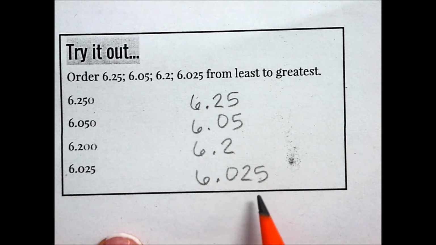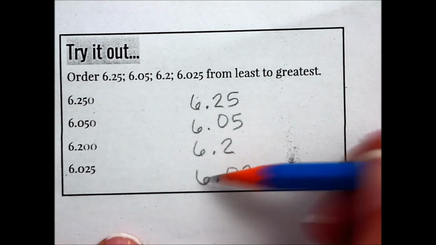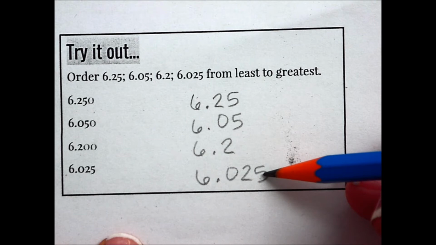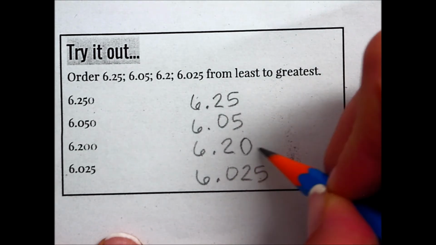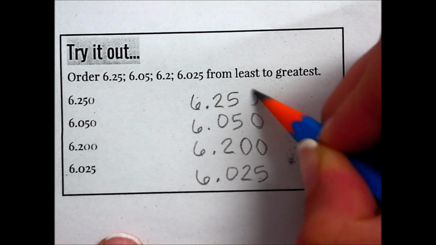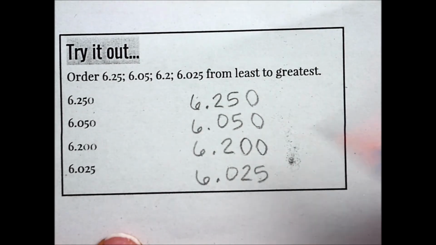But we need to check by adding zeros to make all of our numbers go to the thousandths place. So we will add 2 zeros here. We will add 1 zero here and 1 zero here. All right, now we can compare.